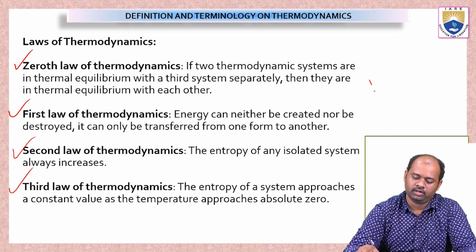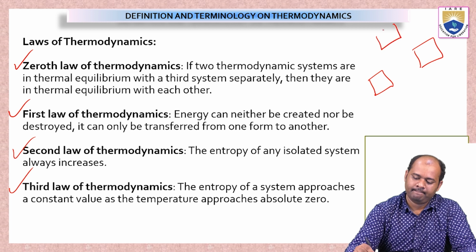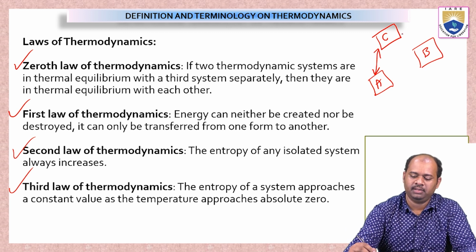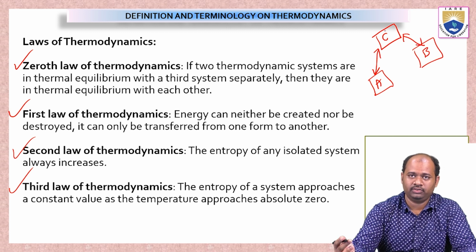Simply, I will draw a diagram. I have 3 systems, say system A, system B and system C. Now, if systems A and C are in thermal equilibrium, they both have the same thermodynamic properties. The values of properties are the same. And the thermodynamic properties between B and C are also the same.